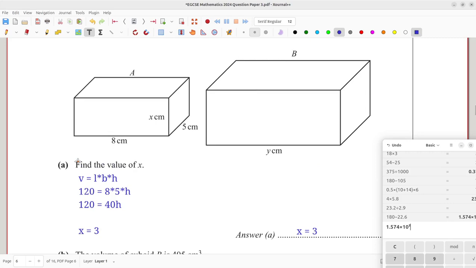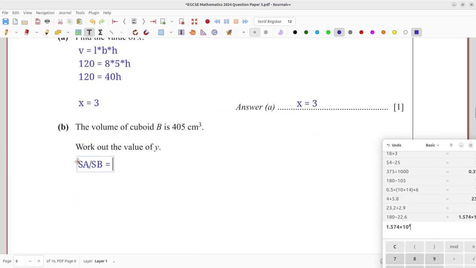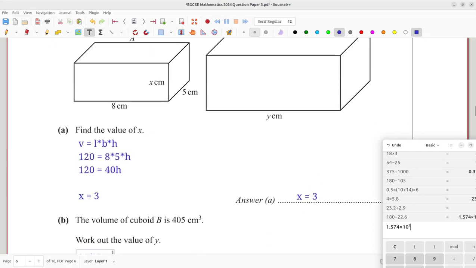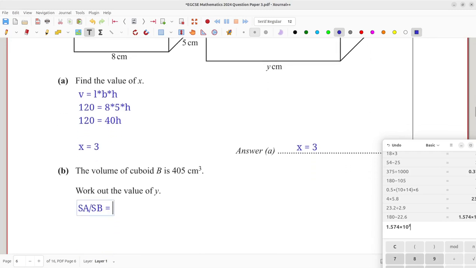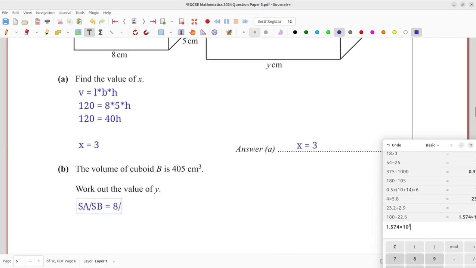The side from the smaller one, cuboid A, is 8, and the side from the bigger one is y. So that is telling us it's proportional in the ratio 8 over y.